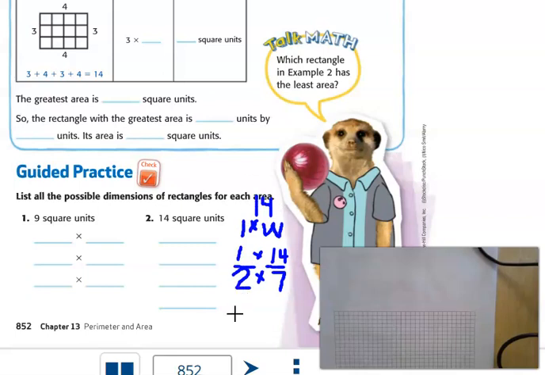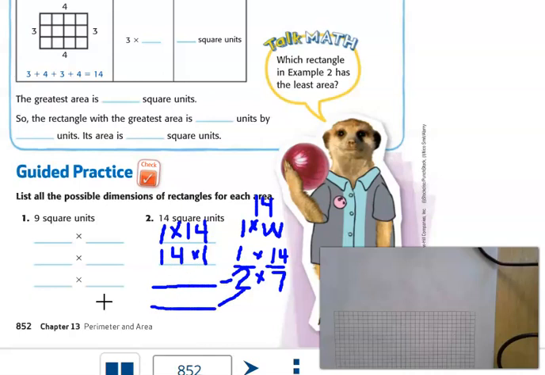I didn't say 14, so 4 is also not a factor of 14. But I can write out 1 times 14 and 14 times 1, because of the commutative property of multiplication, remember, and it just means I've rotated the shapes. So you should be able to see what the other two are here and the factors.